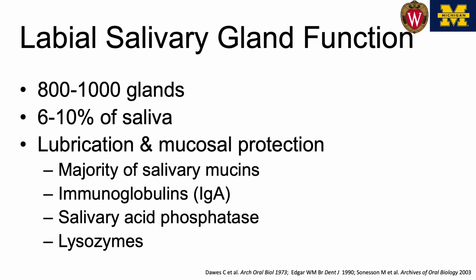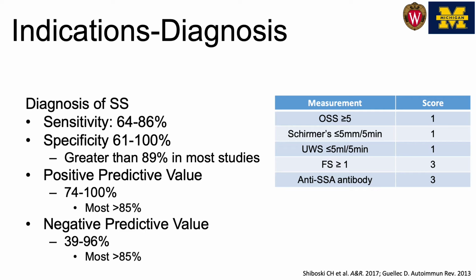We think that they provide lubrication and mucosal protection, and this thought is supported by the composition of the saliva, which is mucinous, has a large amount of immunoglobulin A, and has the presence of salivary acid phosphatase and lysozymes, all supporting that this saliva produced by the labial salivary glands is integral as part of our barrier response and protection against pathogens, as well as lubrication.